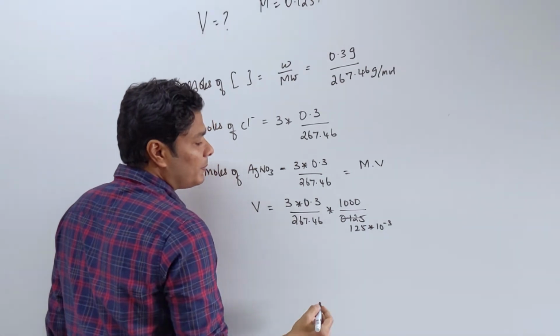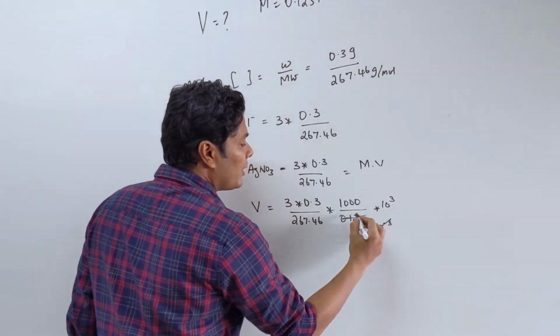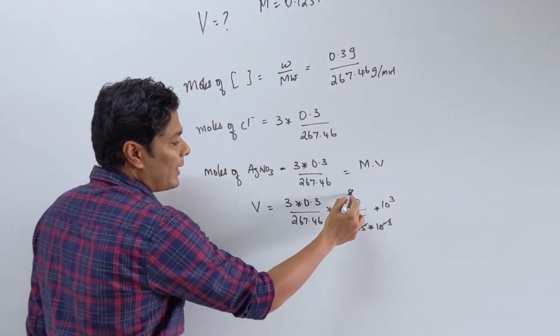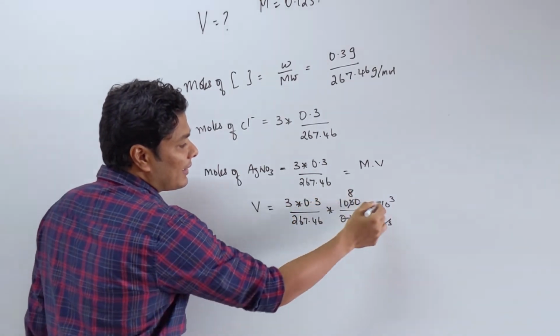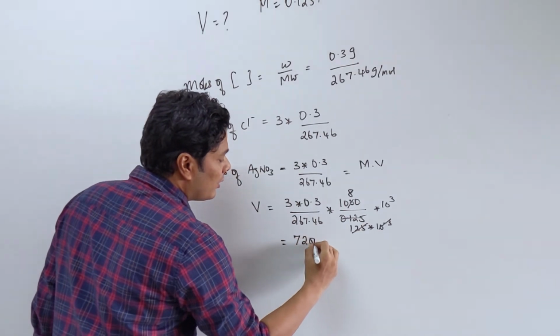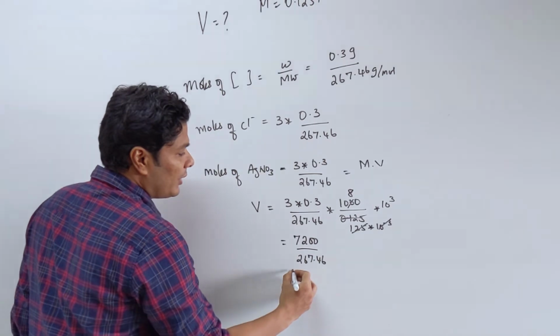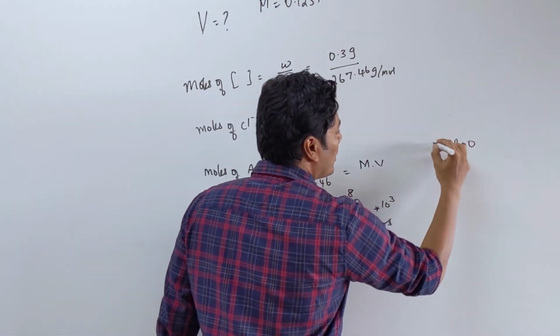This will go to the top, so it becomes 10 to the power 3. 125 goes in it 8 times. So now 8 times, this is 0.9 times 10 to the power 3. So that is going to be 7,200 divided by 267.46. You have to get the answer. The best way is to do a long division method.